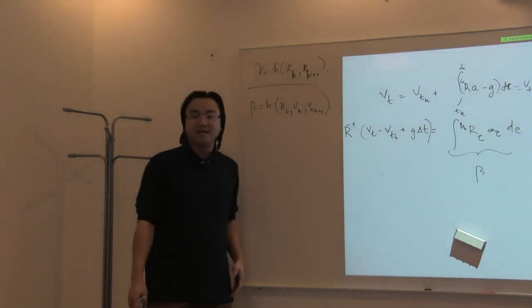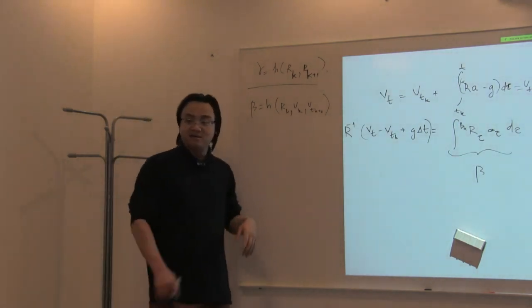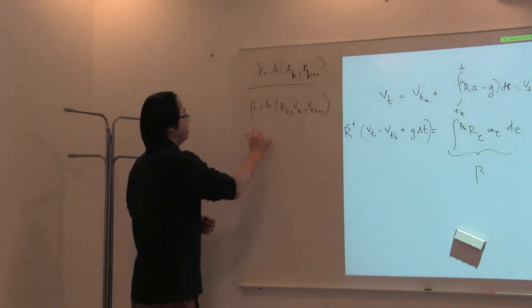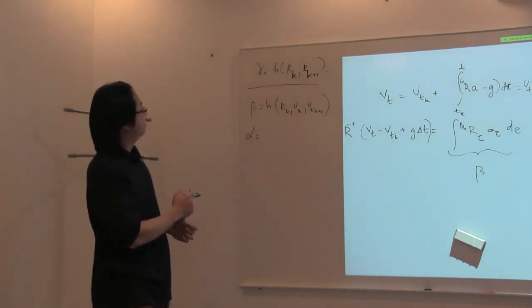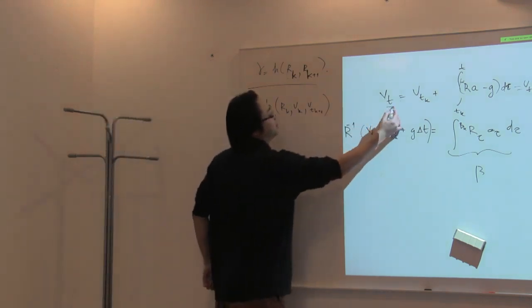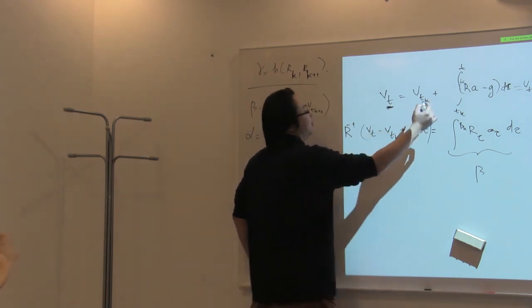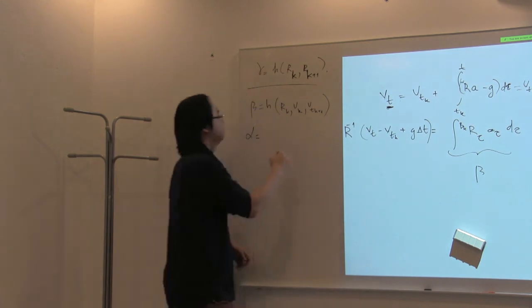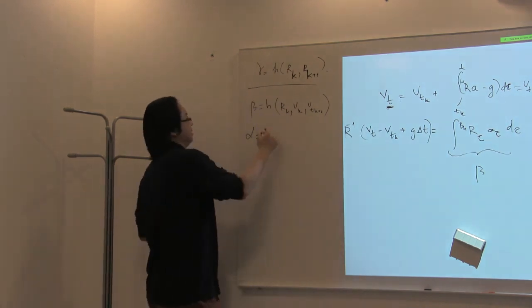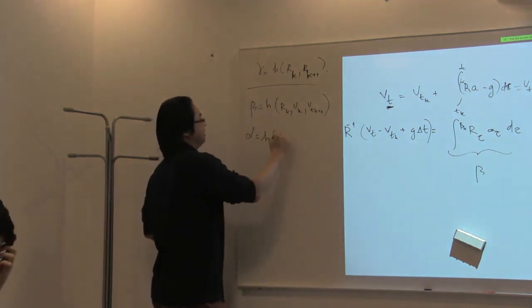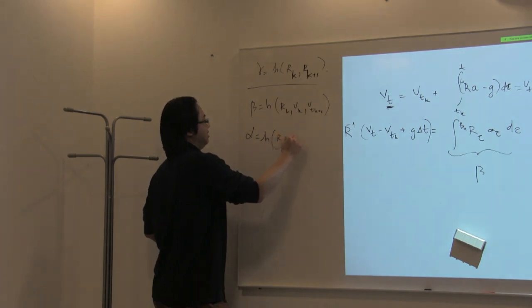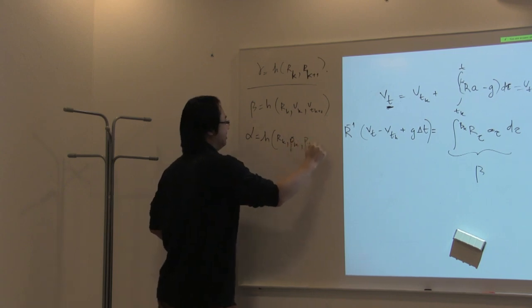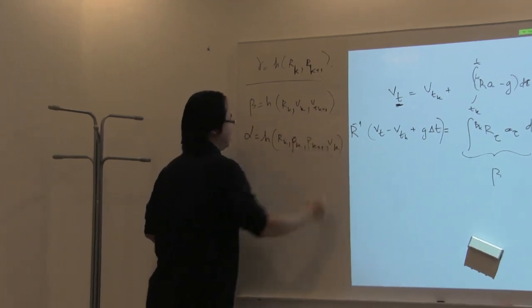Now you can already guess what they do with the alpha. What is the difference between VT and VK? It's just putting the T here, so I can put the TK here. So now we can guess that H is already something like RK, BK plus 1, BK.